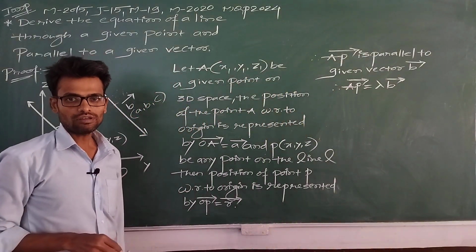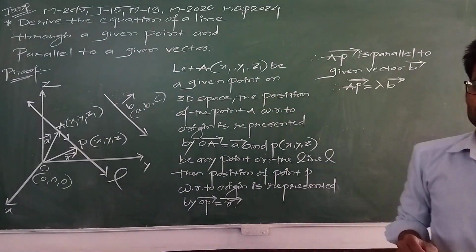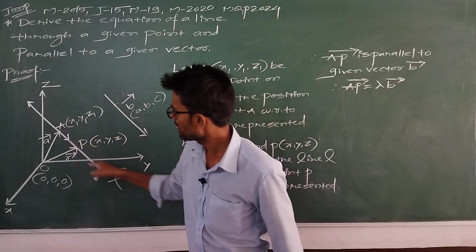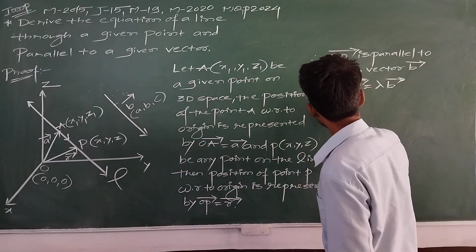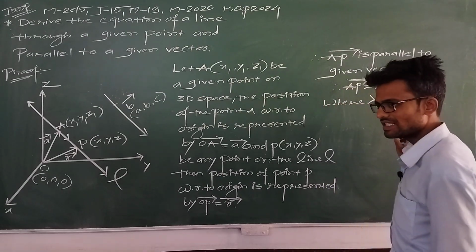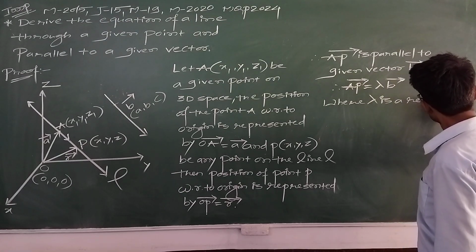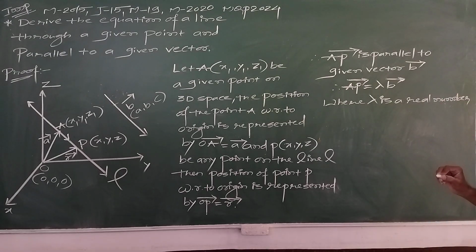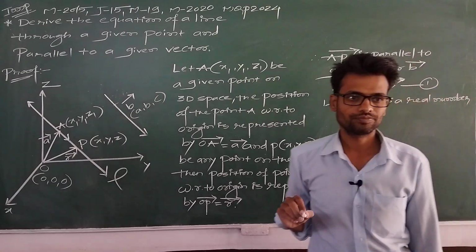Why? Because AP vector is parallel to B vector, where lambda is a scalar, or a real number. For this you call it equation number 1.